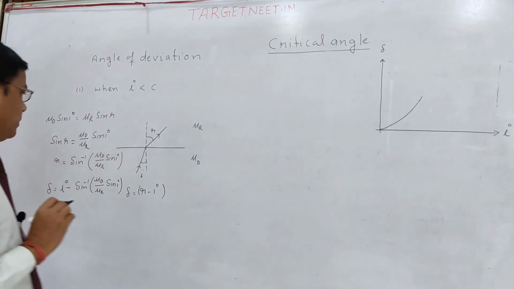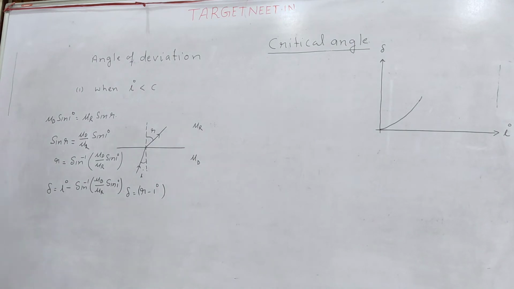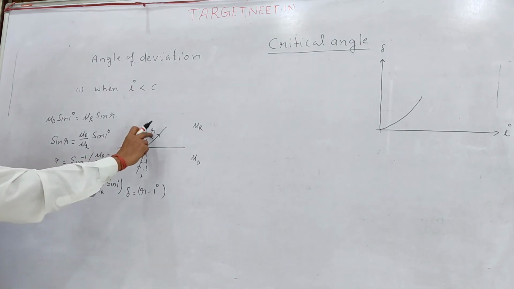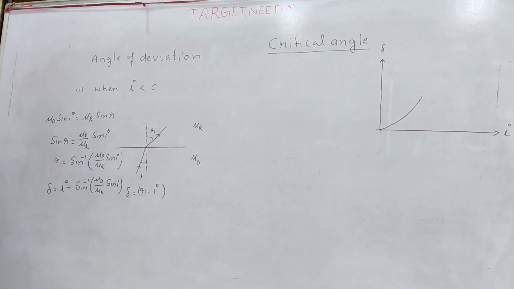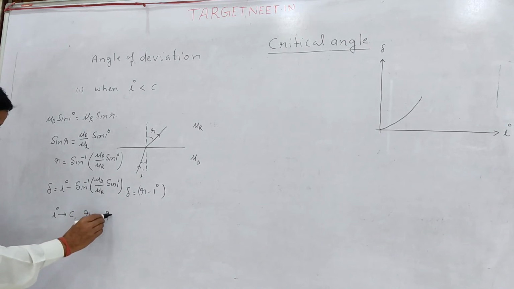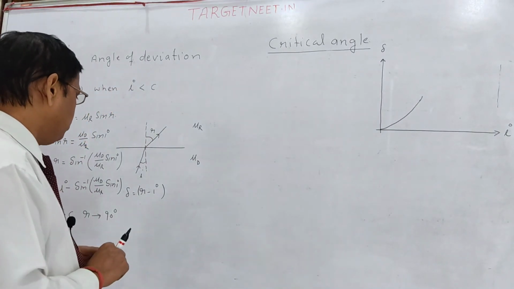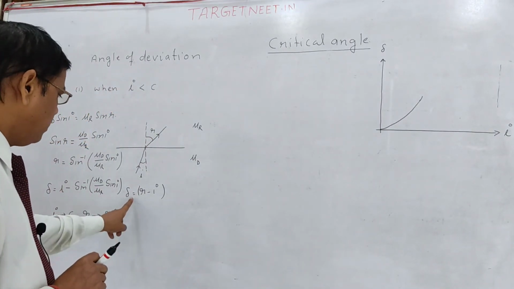Now, if angle of incidence is C, then this becomes 90 degree. So when i approaches C, r approaches 90 degree. Then deviation approaches from here.